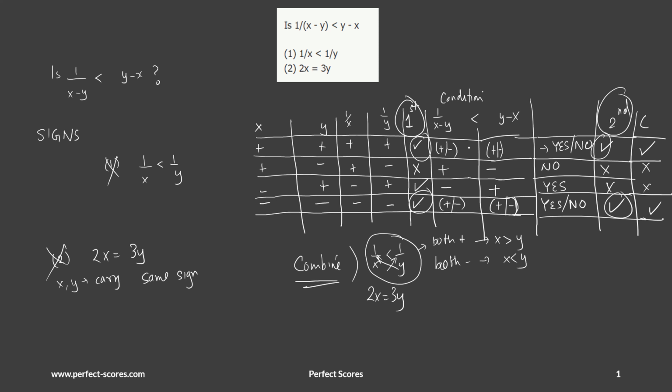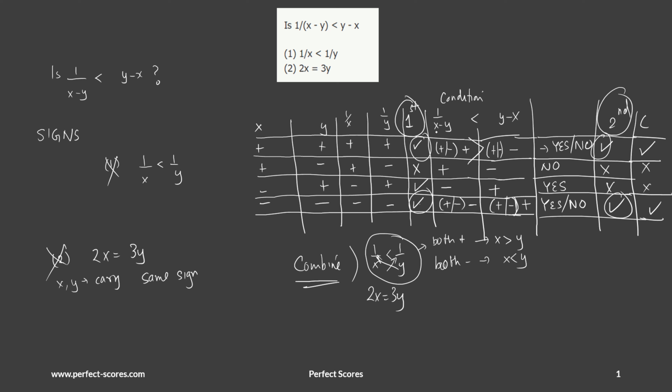So if both are positive, then x minus y is going to be positive and y minus x is going to be negative. If both are negative, then x minus y is going to be negative and this is going to be positive. So that means you will have a clear understanding of whether there will be a clear answer or not, right?